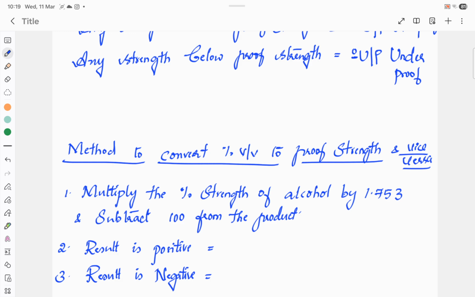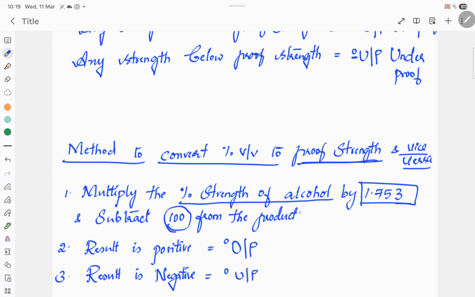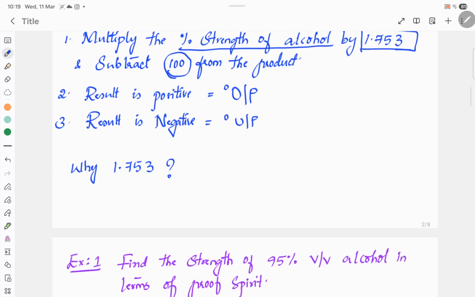The procedure that we follow to convert into proof strength: first you have to multiply the percentage strength of alcohol by 1.753 and then subtract 100 from the product. If the result is positive, we call it overproof, and if the result is negative, we call it underproof. Now you should understand why only 1.753.